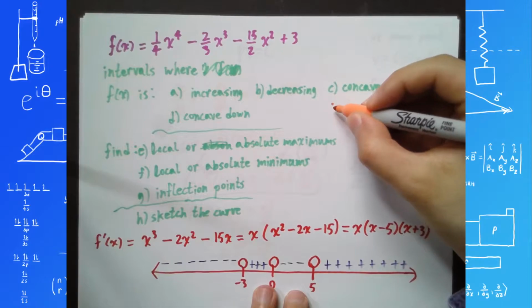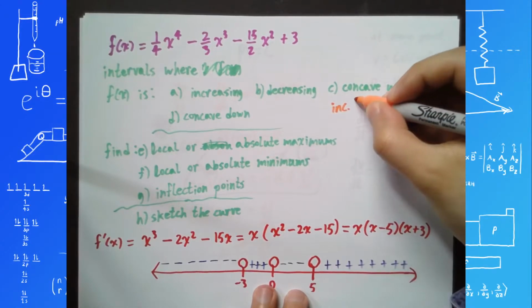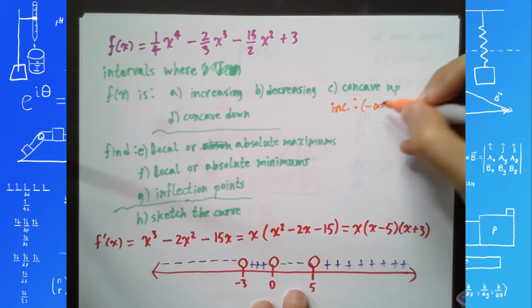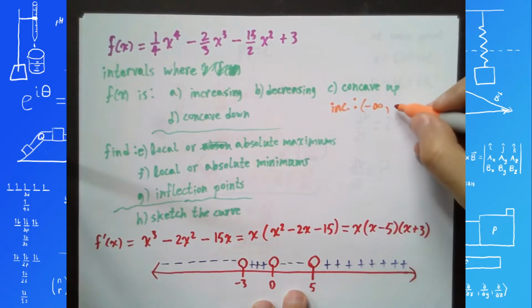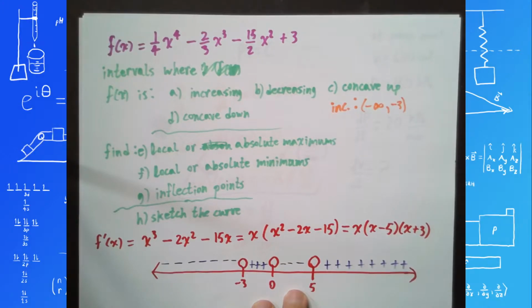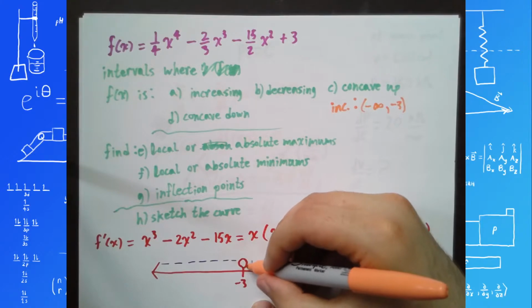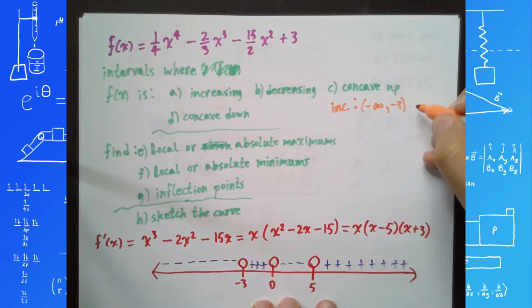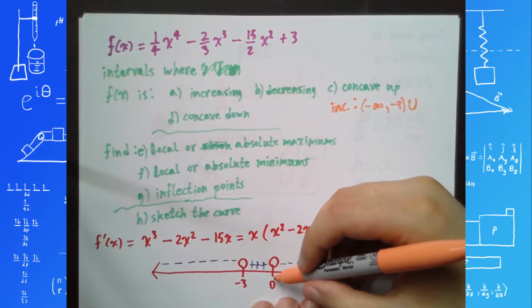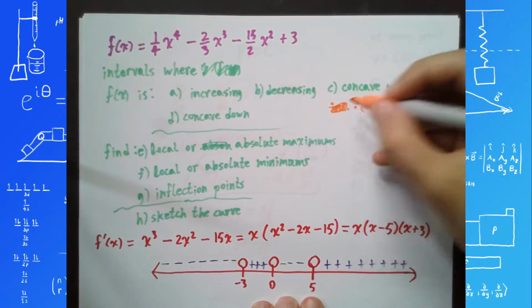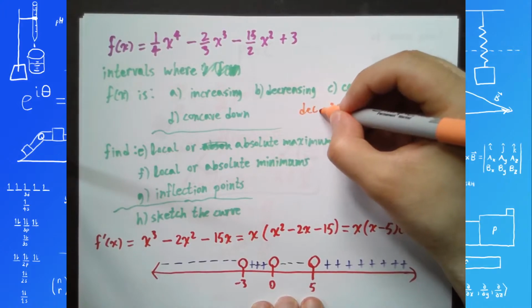We're increasing from -infinity to -3, not including the -3, because at -3 your derivative is 0. It's neither increasing nor decreasing. Also, we are decreasing between 0 and 5. Wait, did I? Oh, okay, so I guess we're doing decreasing first then.